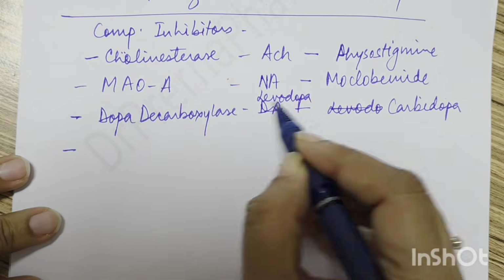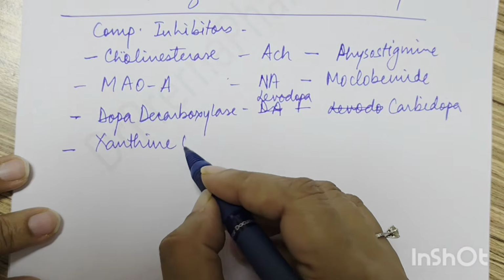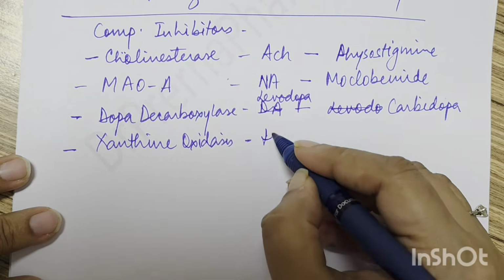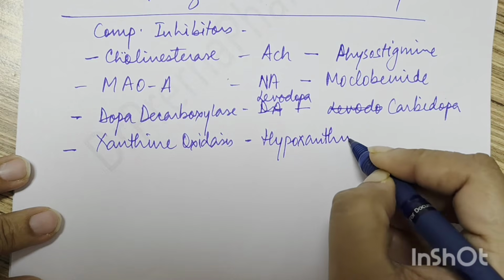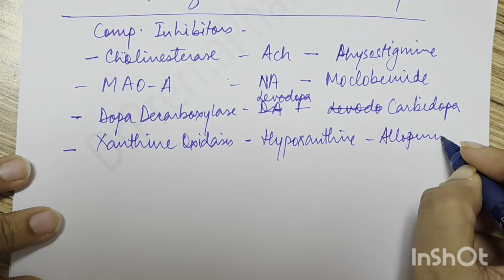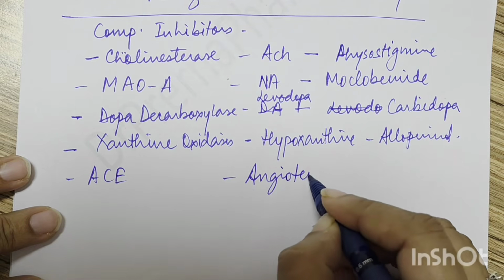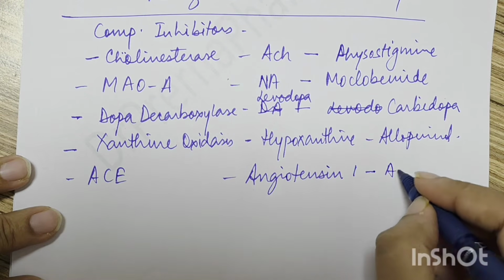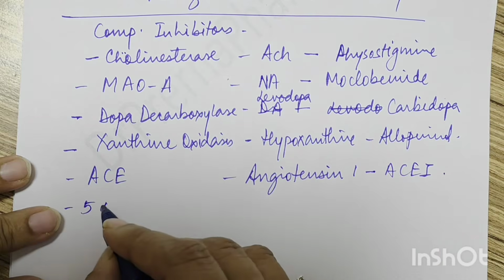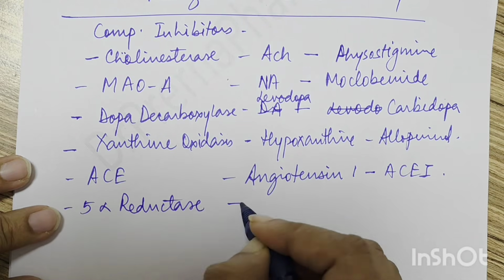It acts on levodopa. Then xanthine oxidase. What does it act upon? It acts upon hypoxanthine, and the drug used is allopurinol, right? Angiotensin converting enzyme acts upon angiotensin 1, and the drug here is ACE inhibitor. 5-alpha reductase is the enzyme.